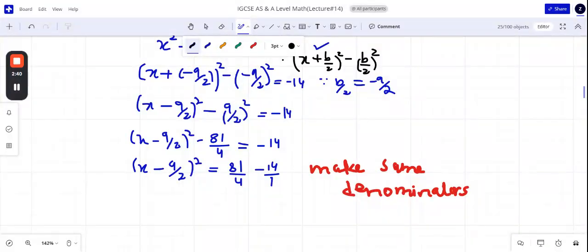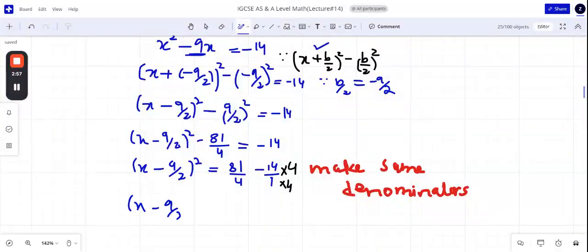We can make here also 4 if we multiply this with 4 and divide with 4, right? So now the second fraction we need to multiply with 4. So the value would be here x minus 9 over 2 whole square, which is equals to 81 over 4 minus 14 times 4 is 56 divided by 4.